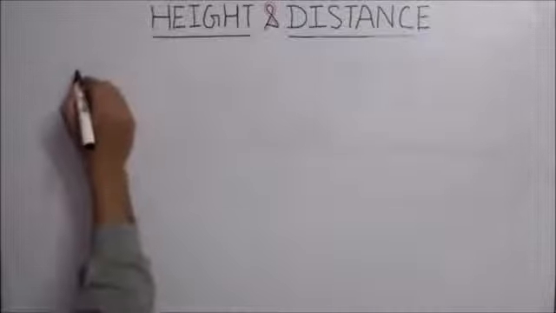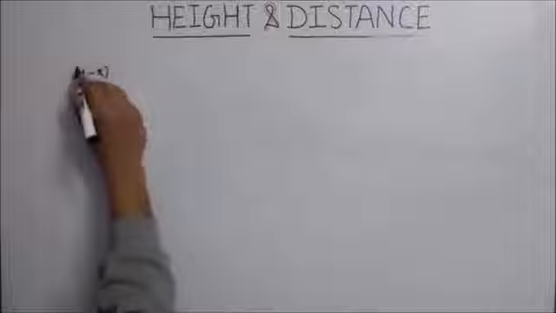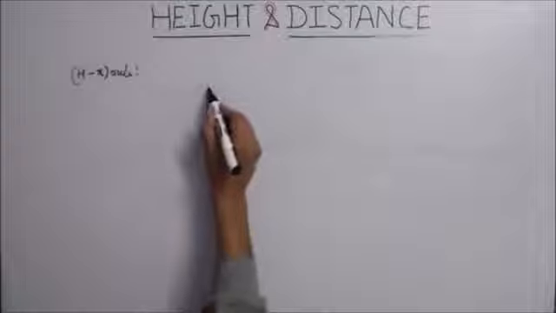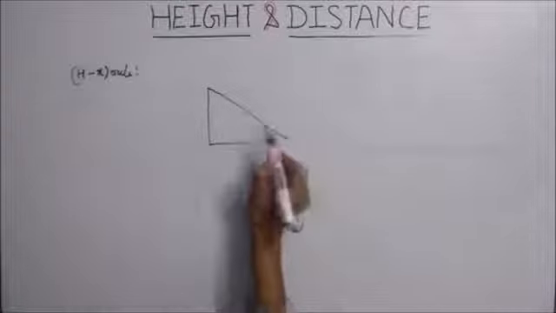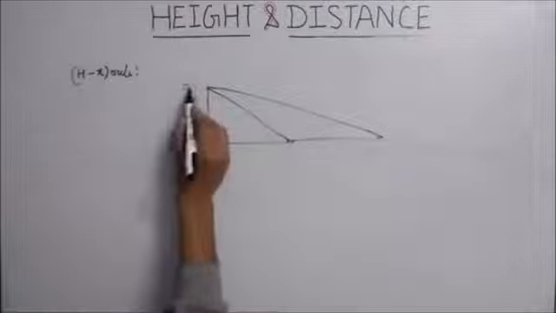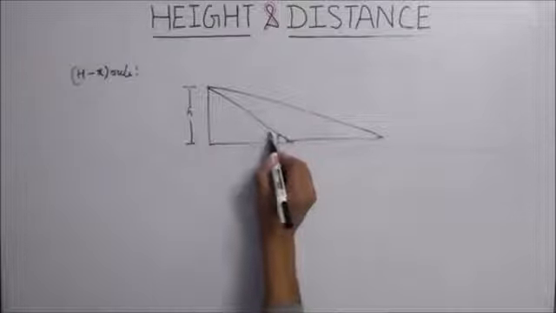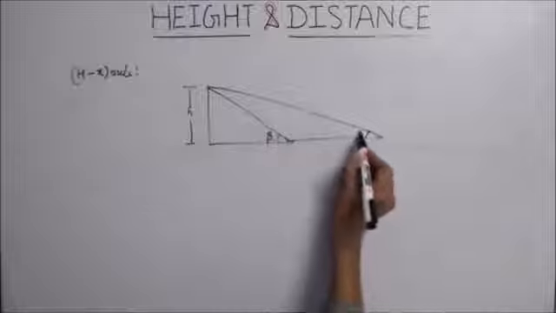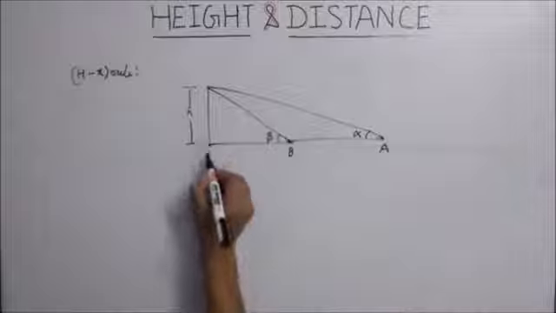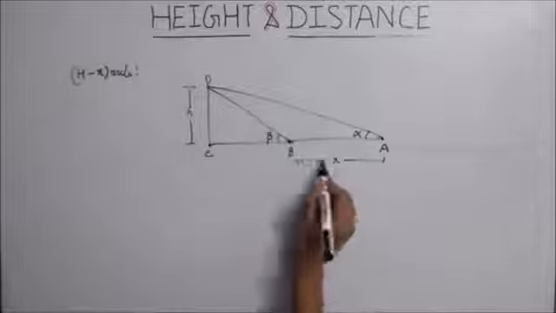Now we understand one more trick, that is the h by x rule. You will have to apply this rule only when you have a figure like this. This is the height of the pillar or tree or tower, whatever is given in the question. This is angle beta, this is angle alpha, this is point B, this is point A, this is point C, and X is the distance between these points.